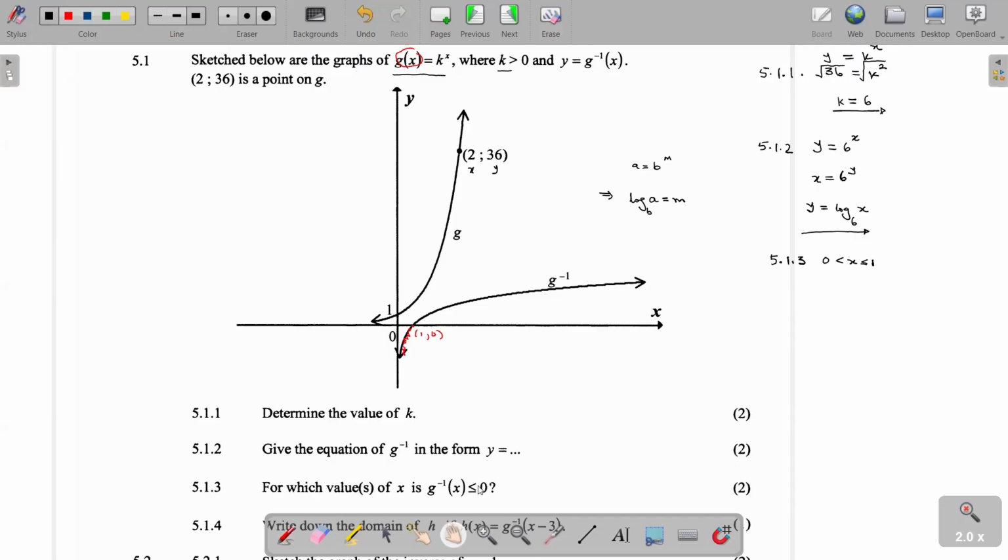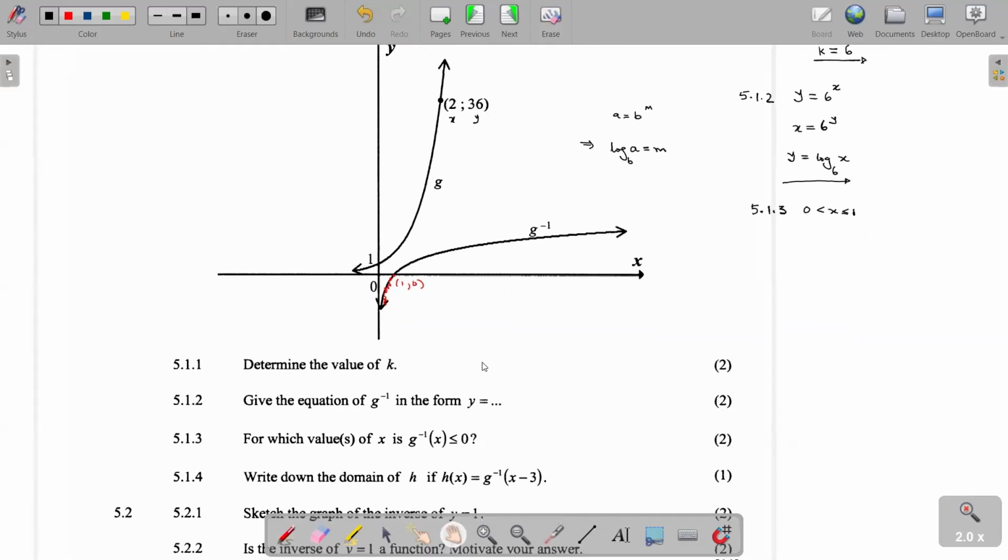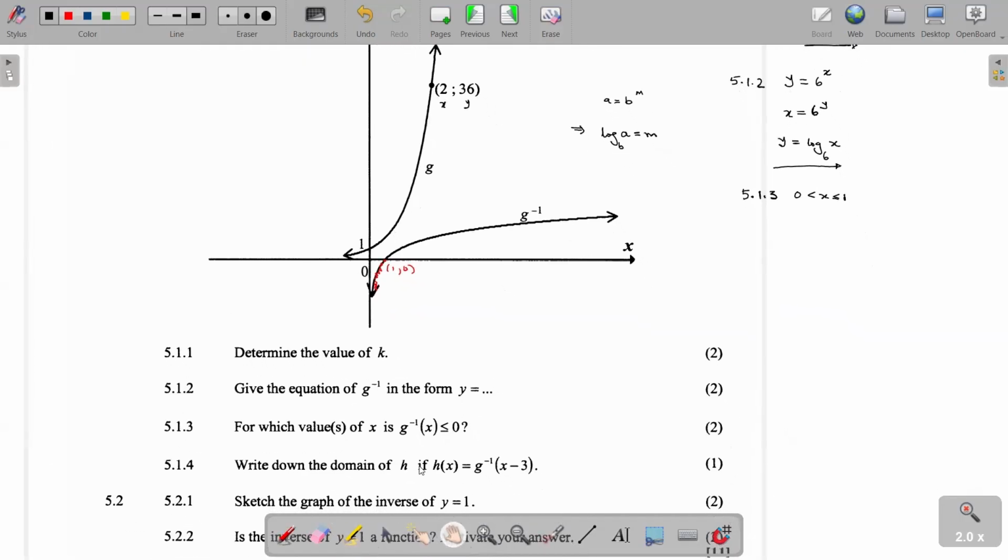Then we go to the next question, question 5.1.4, where they are saying write down the domain of h.